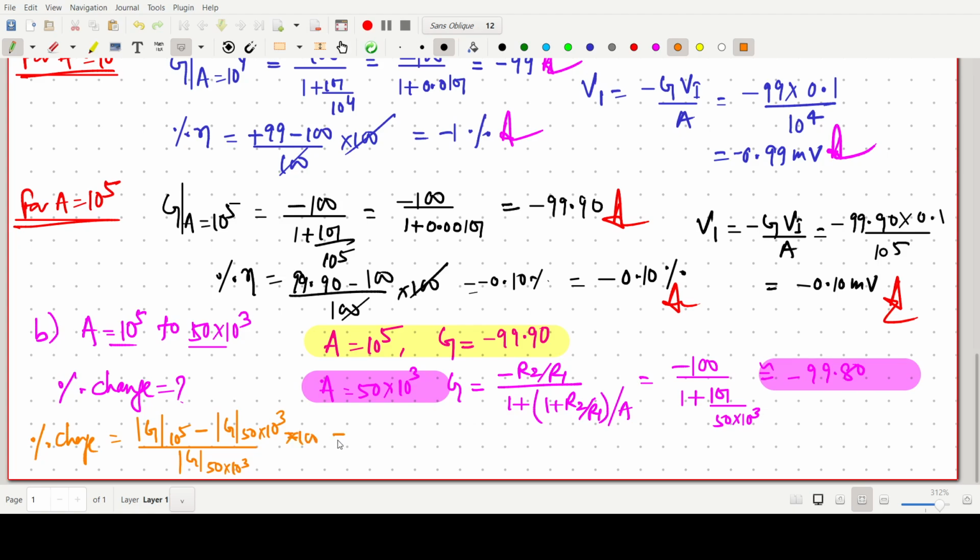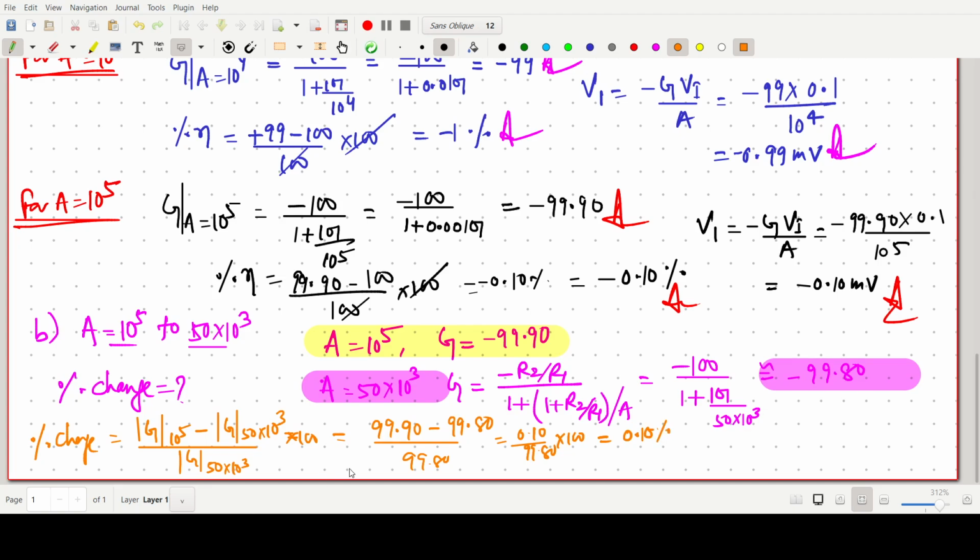It should be 99.90 minus 99.80, magnitude, divided by 99.80, so it will come around 0.10 by 99.80 into 100. If we solve, it will come 0.10 percent.